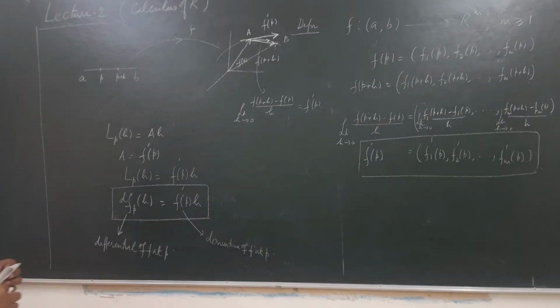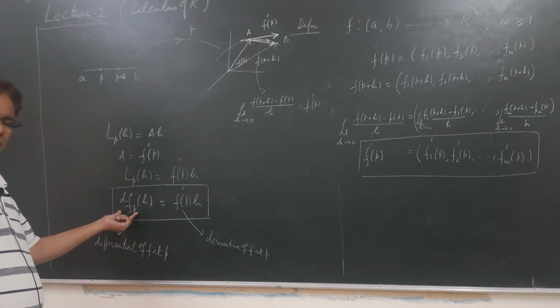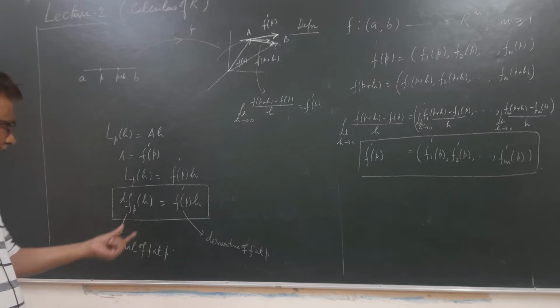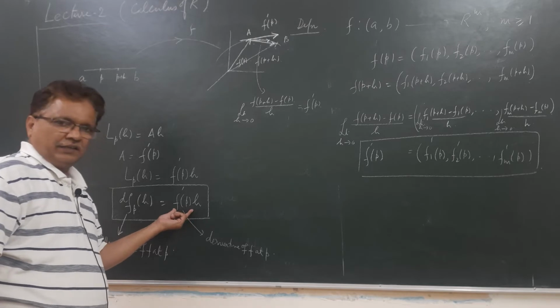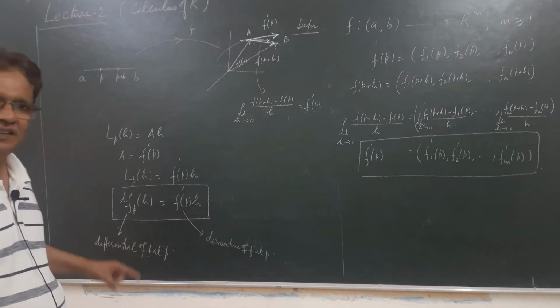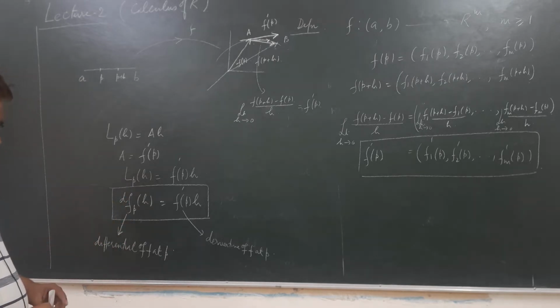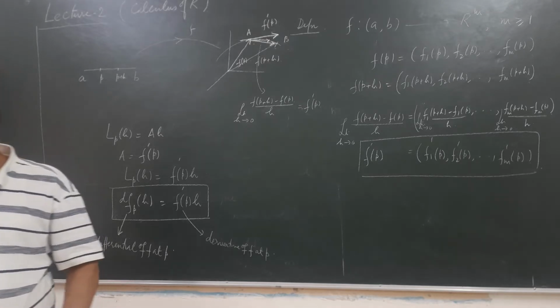So you can see these two objects are different. One is the linear map, the differential of f is a linear map at p, whereas f dash p is the derivative. So the derivative is nothing but the matrix of the linear map DFP, which we are calling the differential of f. All right. Okay. So here we are.